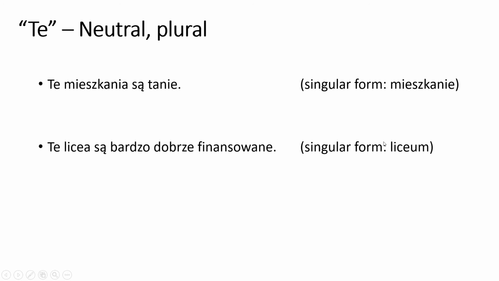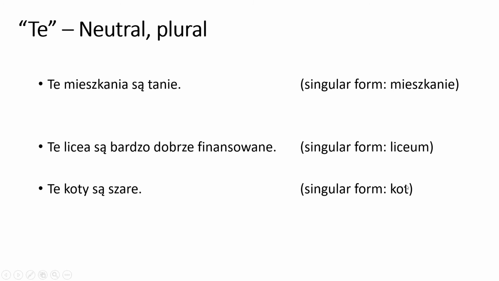Liceum was also neutral in the singular, so it's loyal neutral. It's gifted with the ending a. Te licea są bardzo dobrze finansowane. Te licea, these high schools, są bardzo dobrze, are very well finansowane, financed or funded. They are very well funded.